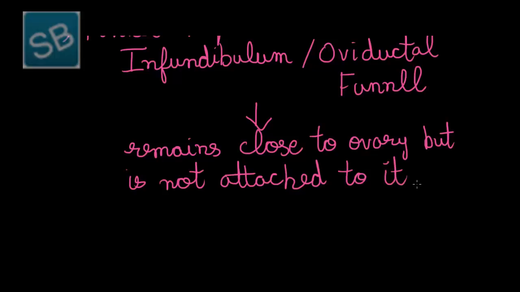There occurs a little space between them. As can be seen from the figure of the female reproductive system, the ovary is followed by a tube-like structure known as the fallopian tube, at the end of which the oviductal funnel occurs, which is not directly attached to the ovary but remains a space away. It is through this oviductal funnel or infundibulum that the process of ovulation is carried out.